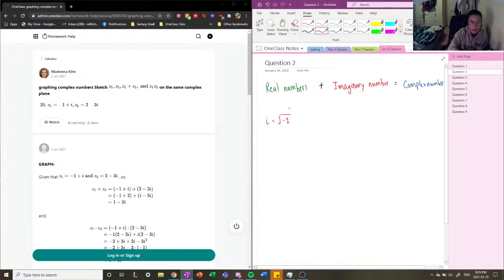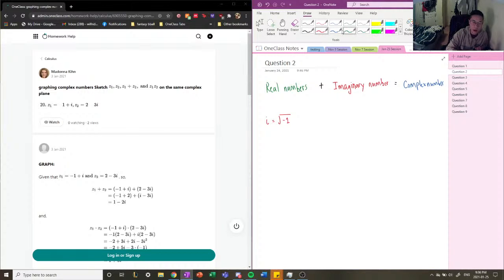Okay, so before, we could never even take the square root of -1 because the square root of -1 does not give us a real number solution. However, mathematicians have created the imaginary number i to circumvent this rule. So because of that, now we have what we call complex numbers.